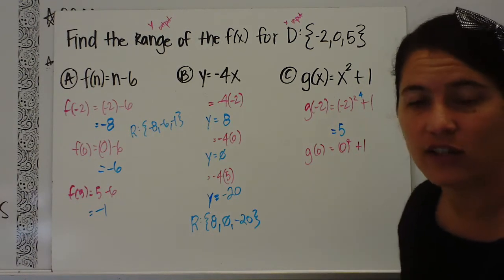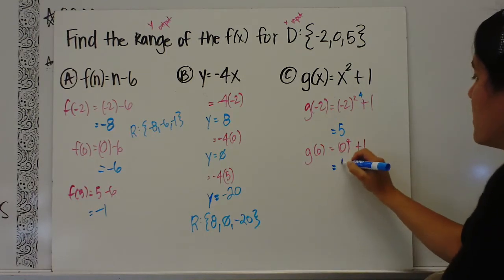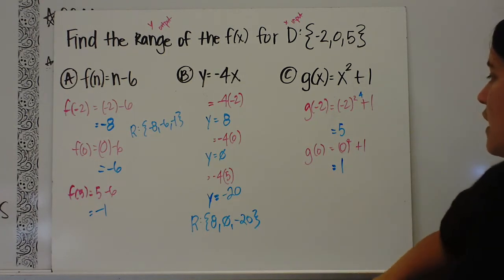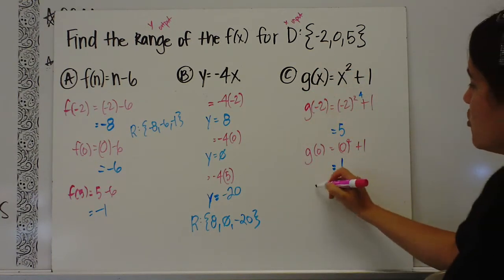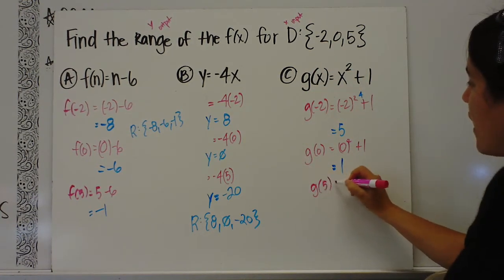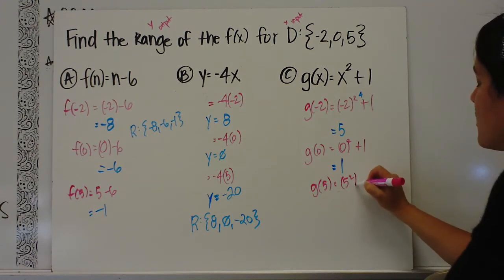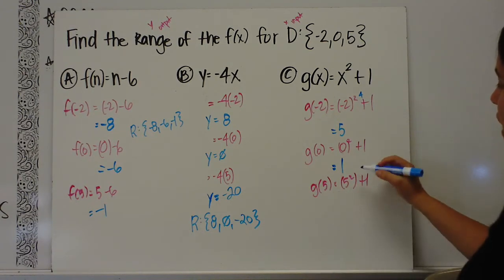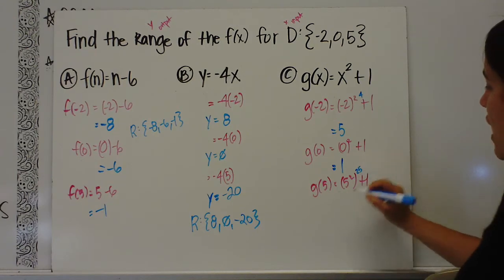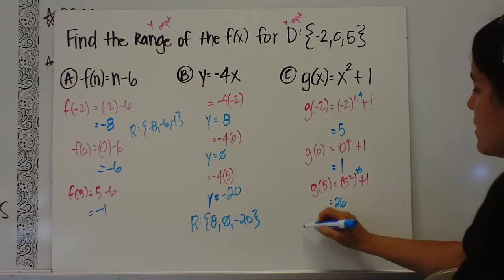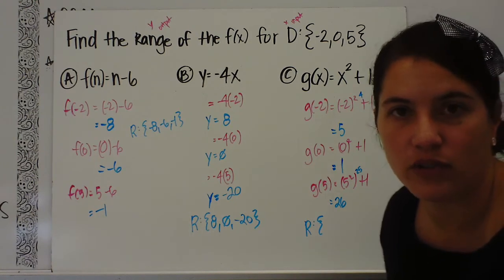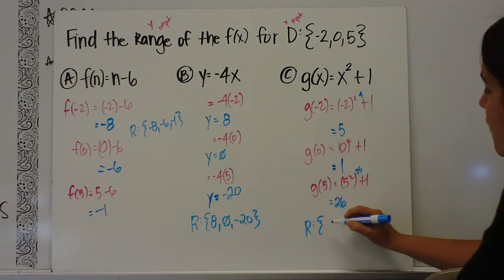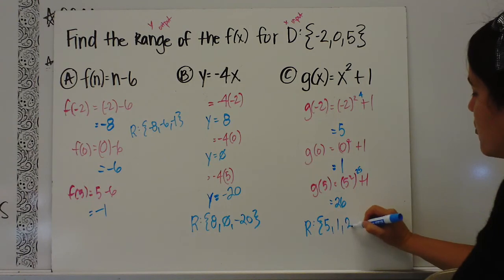Well, 0 squared is 0 plus 1 is going to give me 1. And then the last domain value, g of 5, is going to be 5 squared plus 1. 5 squared is going to be 25, plus 1 is 26. So my range set of numbers, my range is going to be 5, 1, and 26.